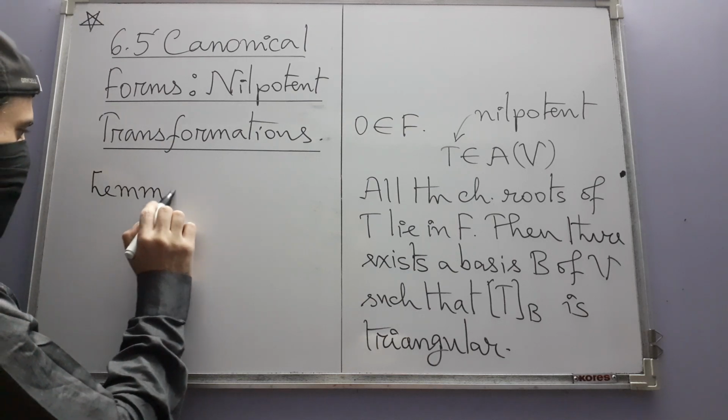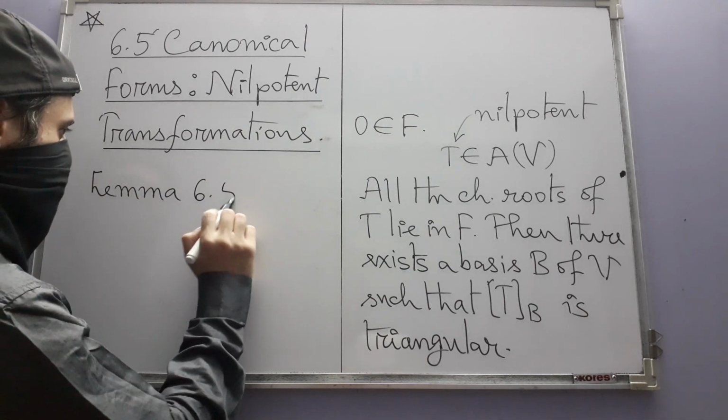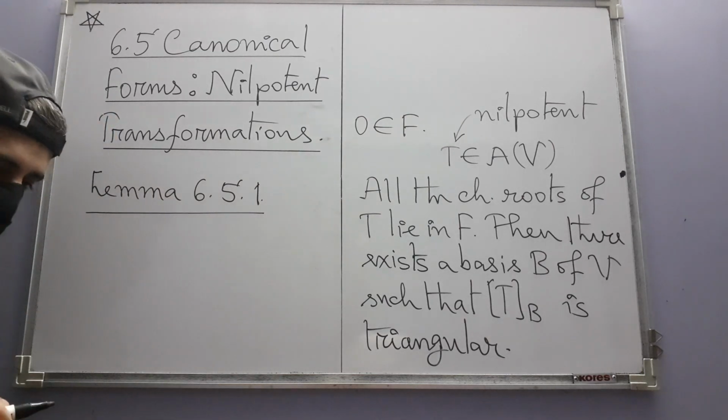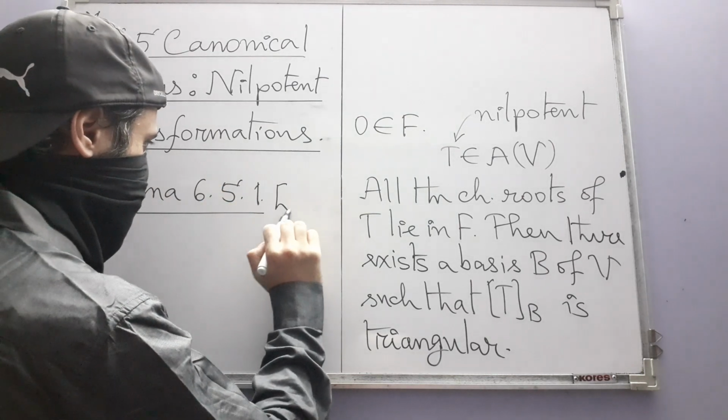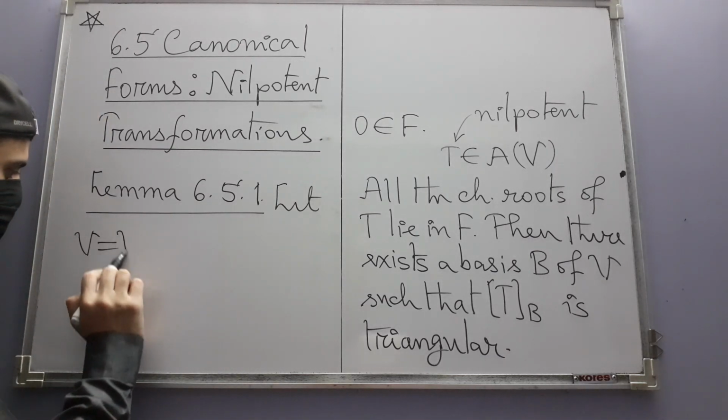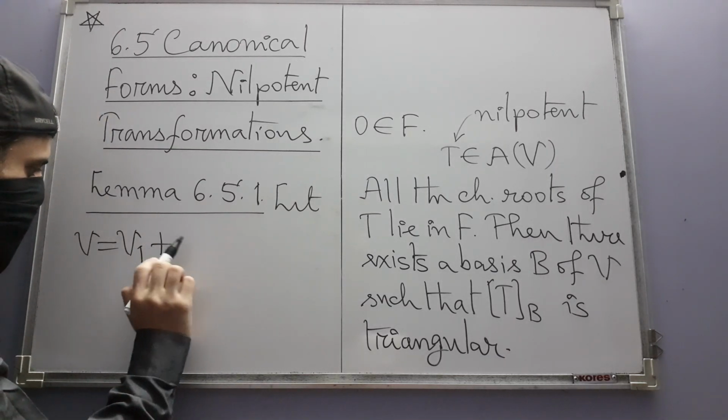This is going to be 6.5.1. So we start with a vector space which is a direct sum of some other vector spaces.